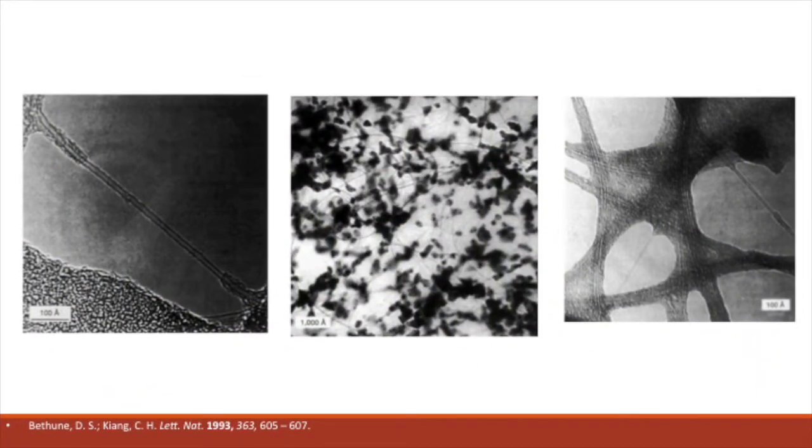Donald Bethune also synthesized single-walled carbon nanotubes by using relatively the same experimental procedure as Ijima. However, iron, nickel, and cobalt metal filings were used. His initial aim was to synthesize metallofullerenes and graphite-encapsulated nanocrystals.